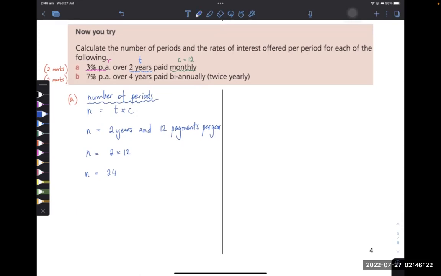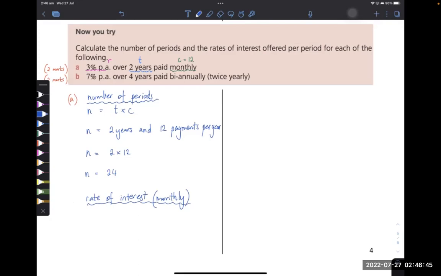Oops, we're not going to go to part B just yet because we've still got one more piece. It's also asking us for the rate of interest offered in the period. In this case here, it's asking us the period is monthly.